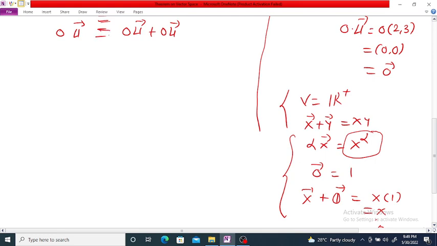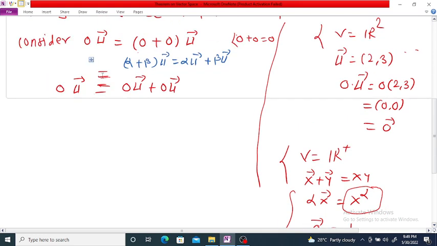Now since 0 u bar lies in V by closure property C2, and V is a vector space, there exists a negative element of 0 u bar.